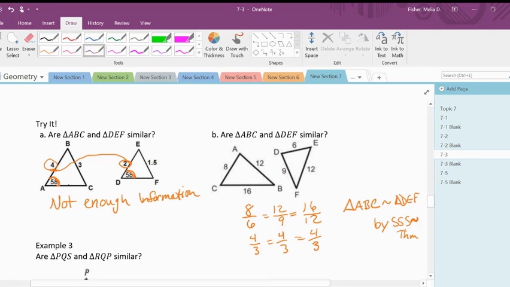In order to use side-angle-side, we would need this other side right here matching up to this side right here. And we don't have that information. So the sides that they gave us do not include the angle. The angle is not between those two sides, so we don't get to use that. So that is not enough information.